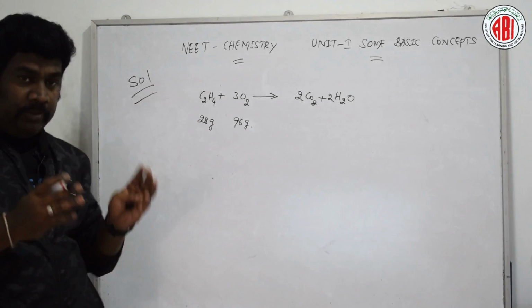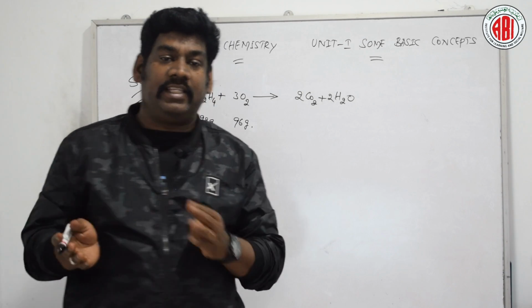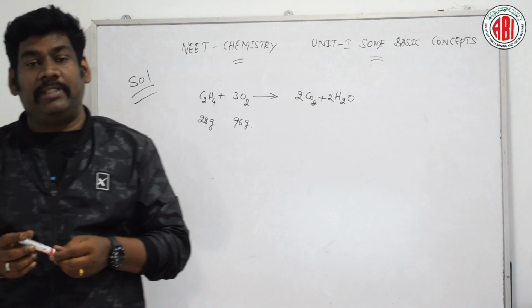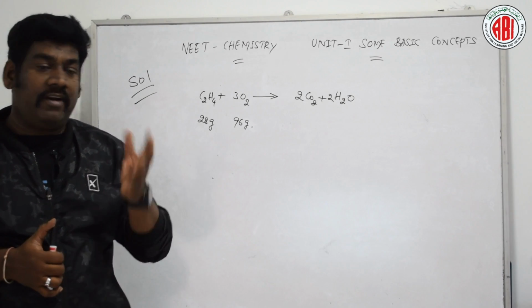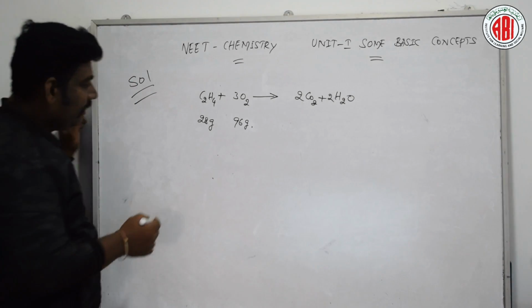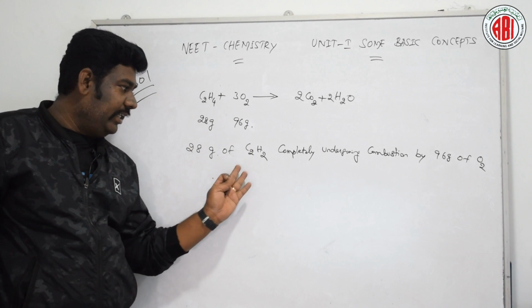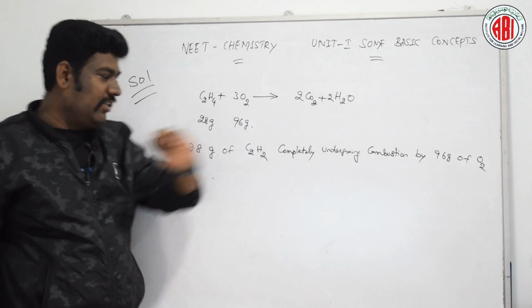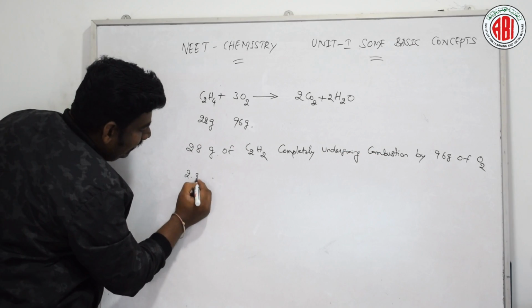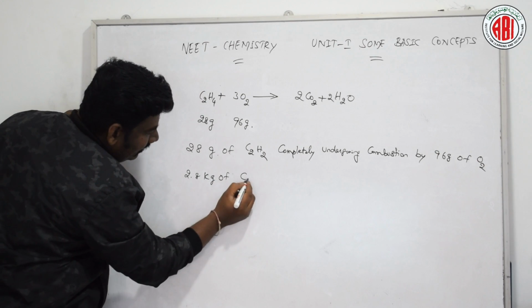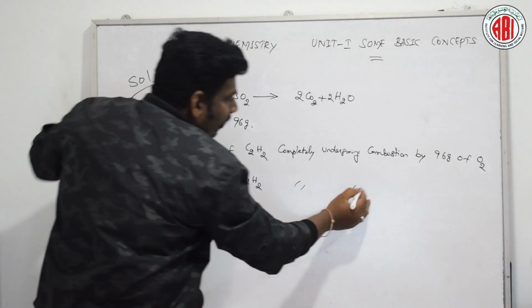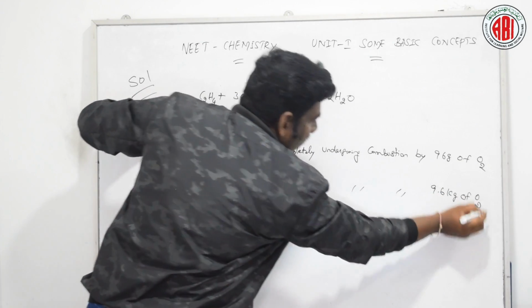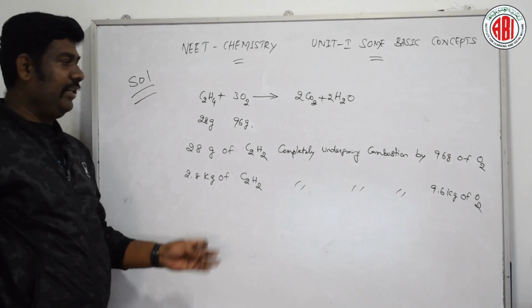If you convert grams into kg, 2.8 kg of ethylene undergoes complete combustion with 9.6 kg of oxygen. So in this way we can solve this problem.